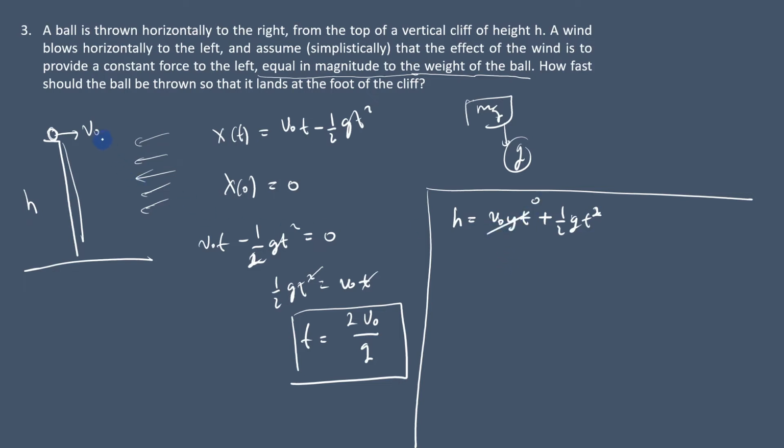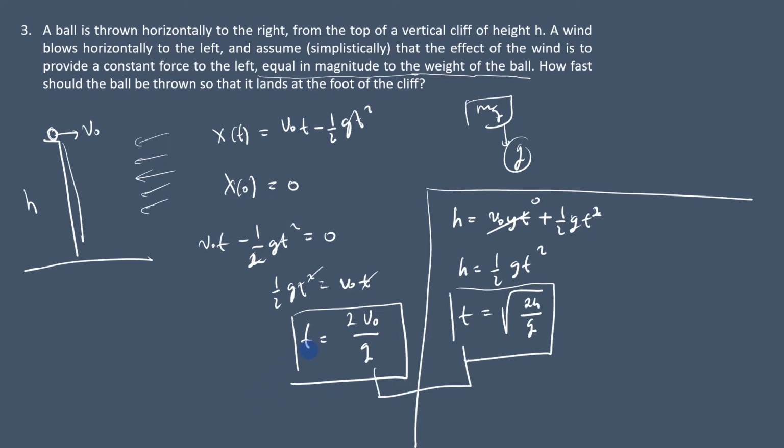The ball is thrown horizontally, so v0y, the velocity in the downward direction, of course has a value of 0. So h equals 1/2 g t squared, and we get t equals the square root of 2h divided by g. This value of t must be the same so that the ball follows a path like this, so the ball can hit the foot of the cliff at the end.